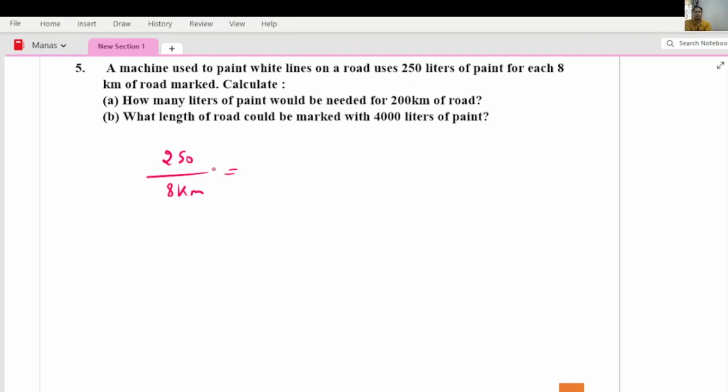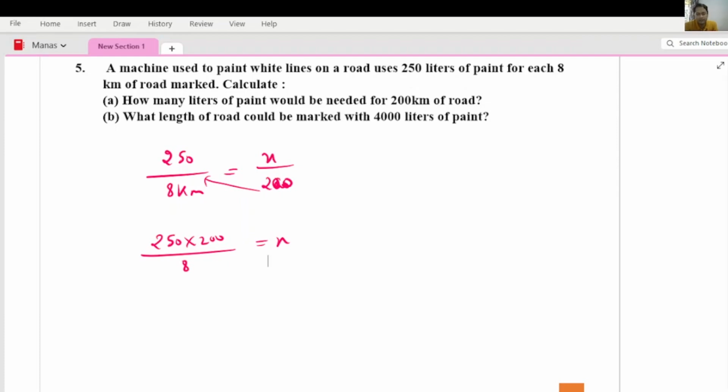Calculate how many liters of paint will be needed for 200 kilometers. So let the paint be equal to x, and for 200 kilometers I will write 200. Now make x the subject, so 200 will be shifted to the other side.